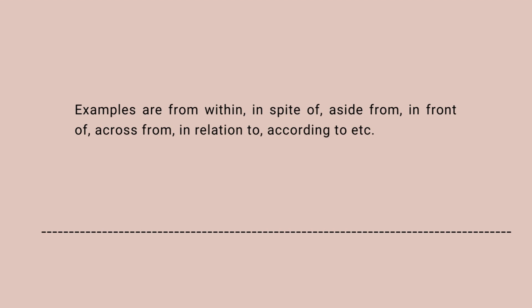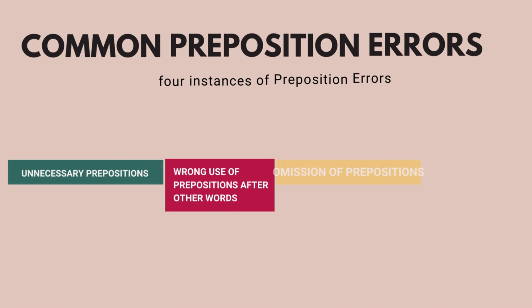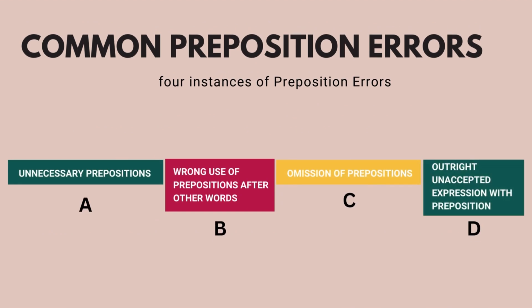Now we are going to look at some common preposition errors. I have sampled 4 instances of preposition errors. The first is unnecessary use of prepositions. The second is the use of wrong preposition after a word.